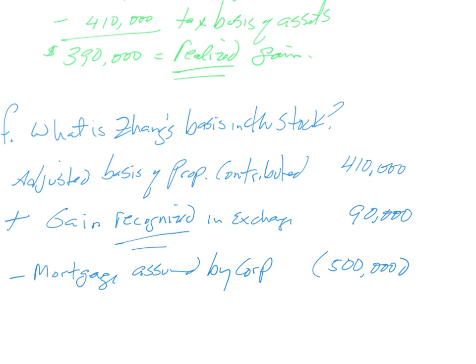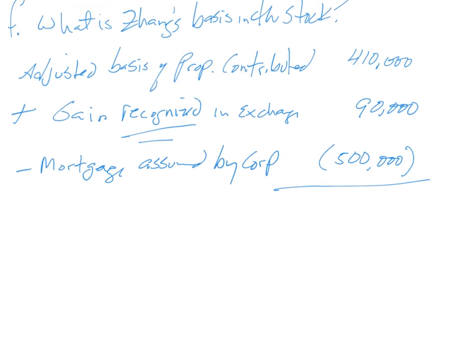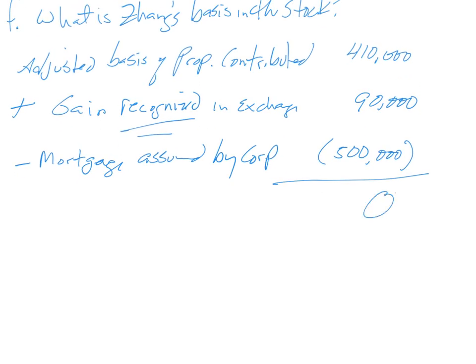Whoops. That doesn't look like a parenthesis. There we go. Okay. So we do that arithmetic, and what do we find out? Well, we find out that her tax basis in the stock is 0.